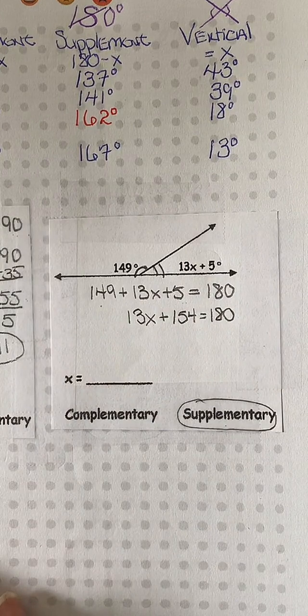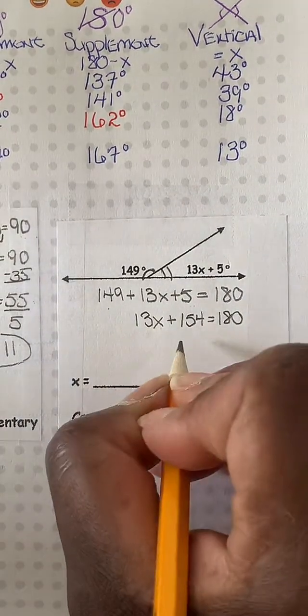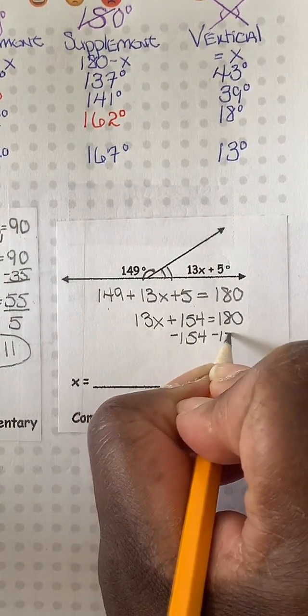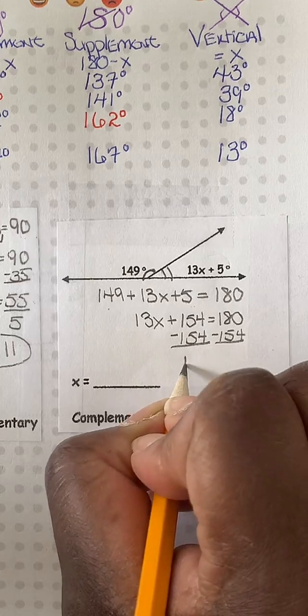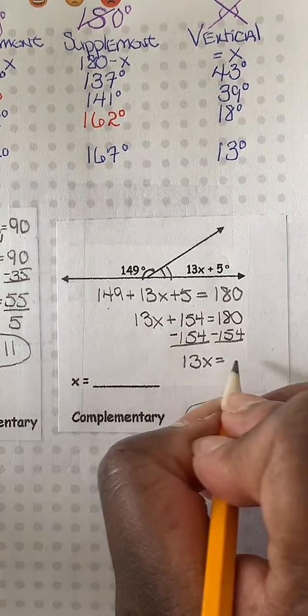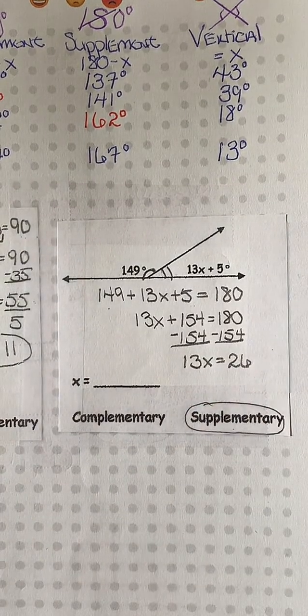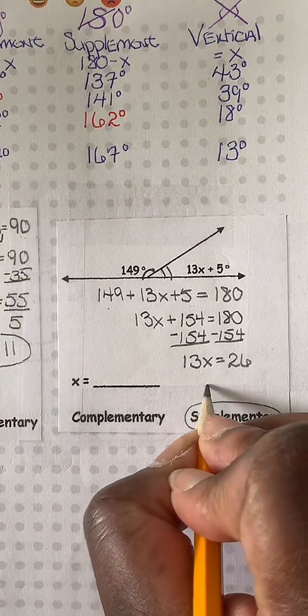So if I subtract my 154 on both sides, I will have 13x, because that's coming down, equals 26. What's x going to equal?